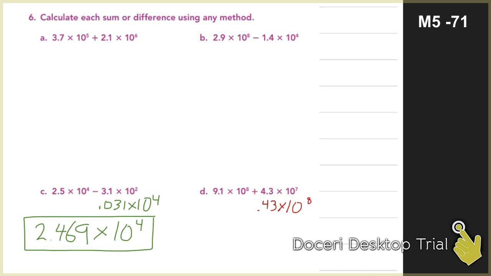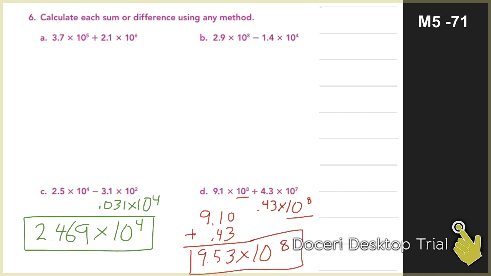And now I have 10 to the 8th here, 10 to the 8th here, and I can just do 9 and 1/10 plus 43 hundredths. And I get 359 times 10 to the 8th. And I'm done because, again, this is already in scientific notation. And so we're good there.